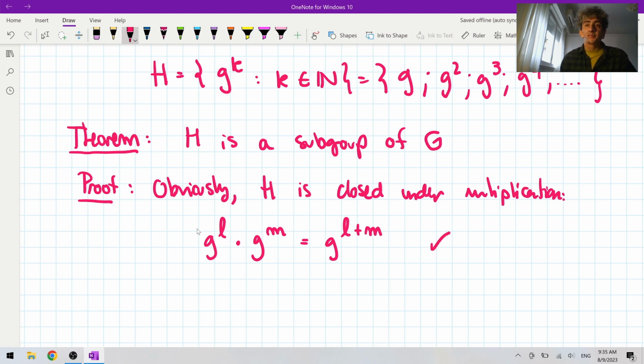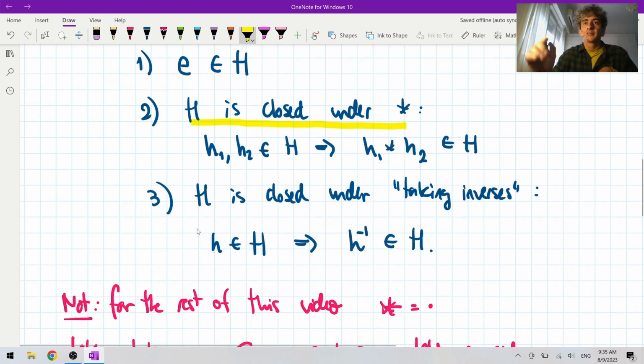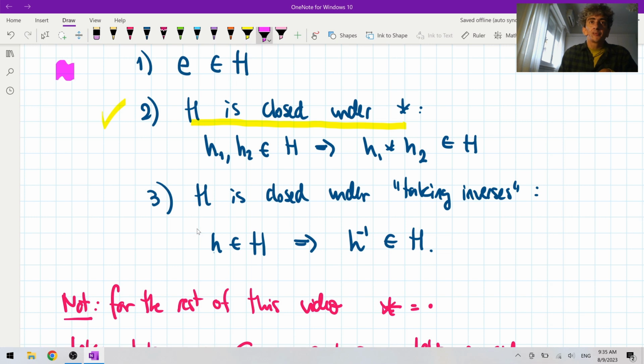So this is fulfilled, since if l is a natural number and m a natural number, their addition is also a natural number. So H is closed under multiplication. So this is verified. We're left with two things to check: first of all, that the identity element belongs in H, and also that H is closed under taking inverses.